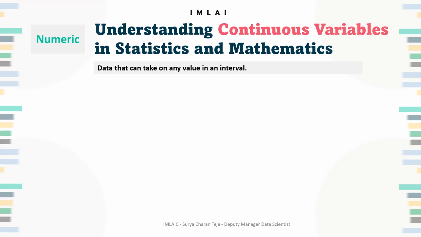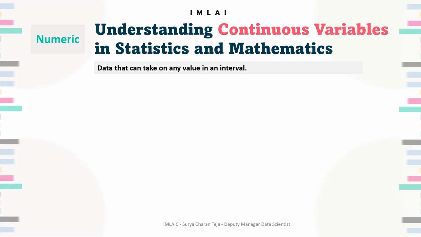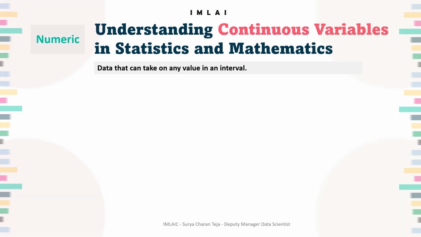Okay, so a continuous data is nothing but the data that can take on any value in an interval. This is the simplest definition I can give you. If you take any interval, it could be 2 to 10. Let's take 2 to 10. So 2 to 10, it could take any value inside that interval is called a continuous variable.